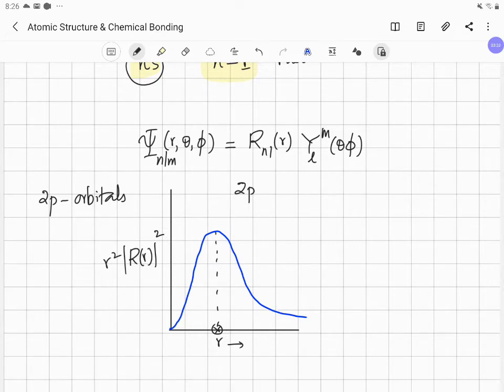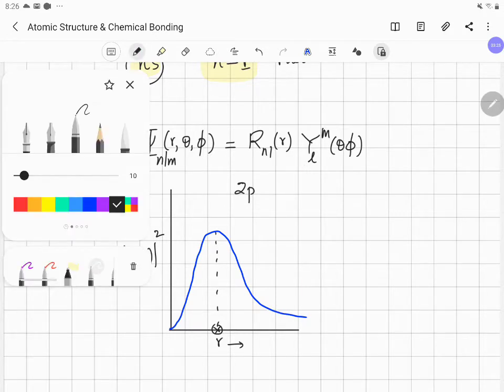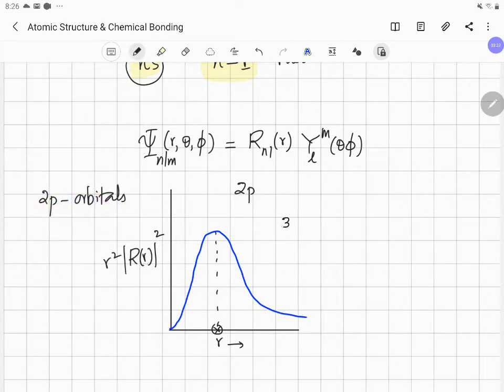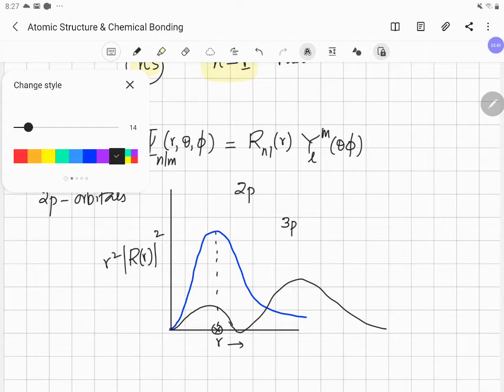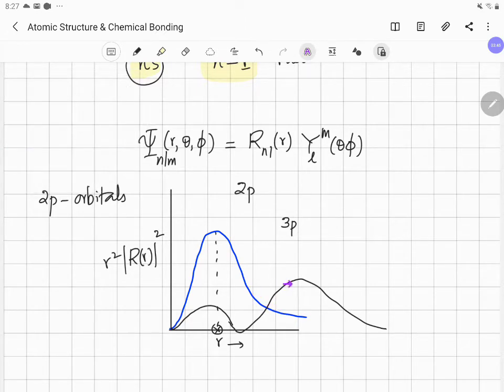Now for 3p, if I plot it, there will be one node. It looks like this, and you can see that there is a node here.